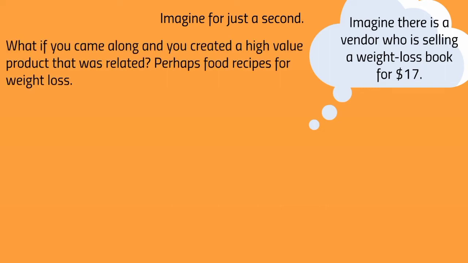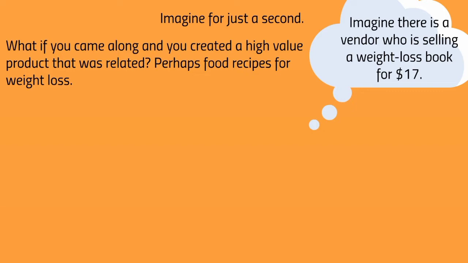What if you came along and created a high value product that was related? So that book talks about weight loss, maybe weight training, cardio exercises, and all that, but it talks nothing about food or diet or anything like that. So you come along and find these vendors that are really focused on this particular aspect, or anything that is not related to food.